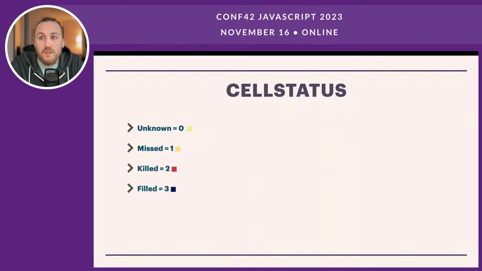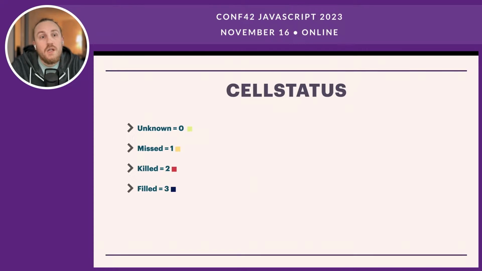We can have the following cell statuses. Unknown, when we don't know what happens on this cell. Missed, if we strictly know there is nothing in this place.